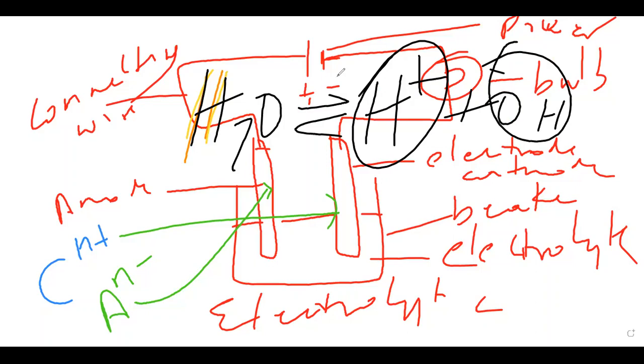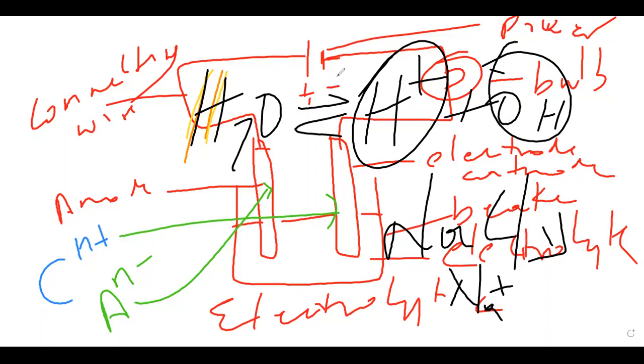So let's say the electrolyte was sodium chloride. It is made up of sodium ion, which is the cation, and chloride, which is the anion. What we're saying is, if it is electrolysis of concentrated sodium chloride, the chloride would discharge, not the OH. For the cathode, the electrochemical series determines what is discharged.